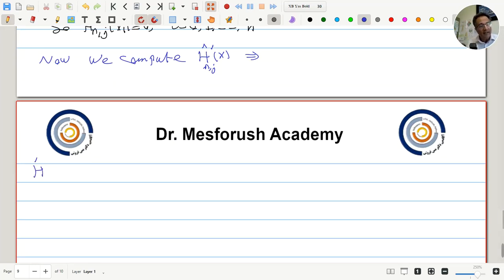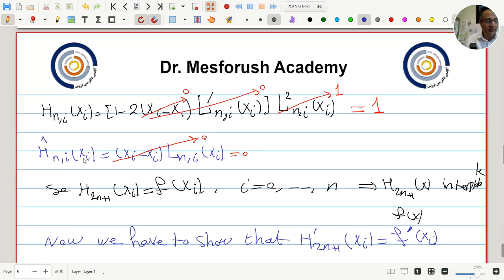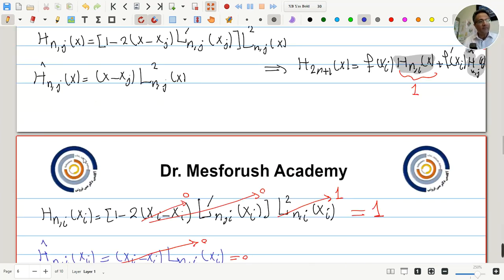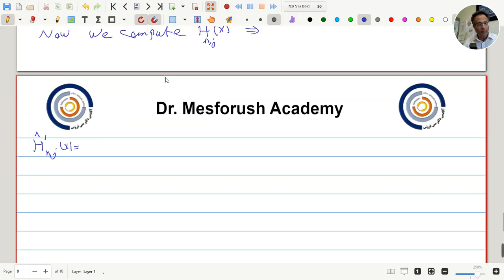So h hat prime n and j at x is equal to, okay, let me show you something here again. We had here the first derivative times the other one and the second one times the first one. It's very easy to compute.